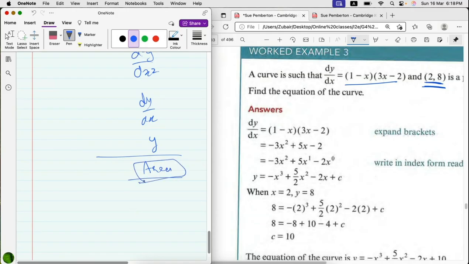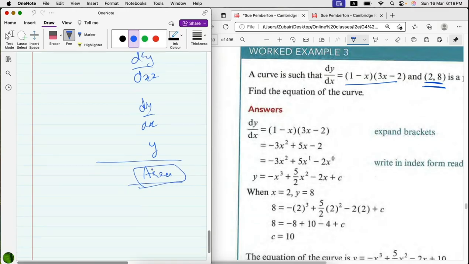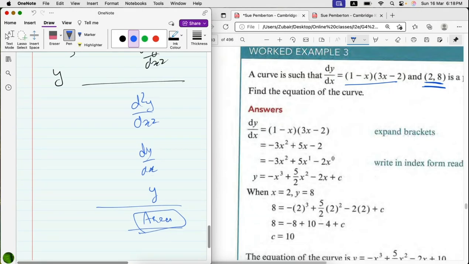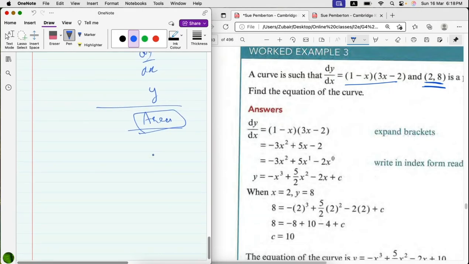We will eventually reach this point, area under the curve. Now, for example, we have this equation y equals 2x square plus 3.